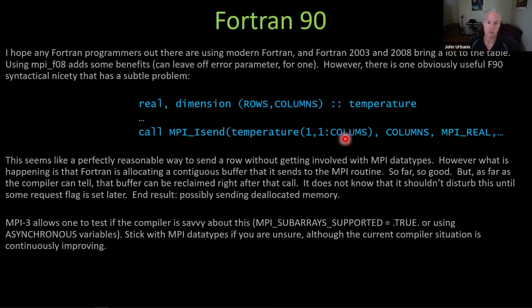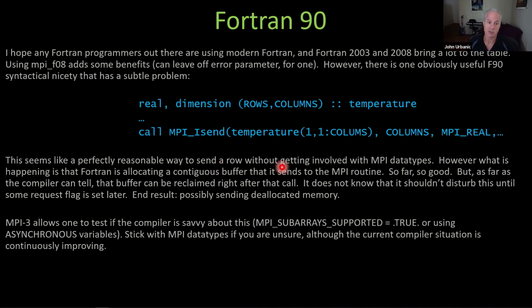So if you're using Fortran 90 array slicing, which is great, you should be doing that. Be aware that with non-blocking sends and receives, this potential issue is there. MPI gives you a way of testing that. As of MPI 3 onwards, you can check to see if MPI subarrays are supported, in which case the compiler knows not to do extra clever things like this that will mess with MPI.